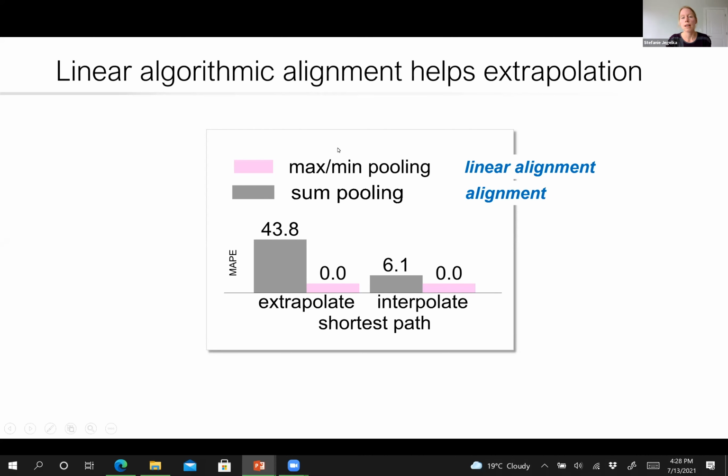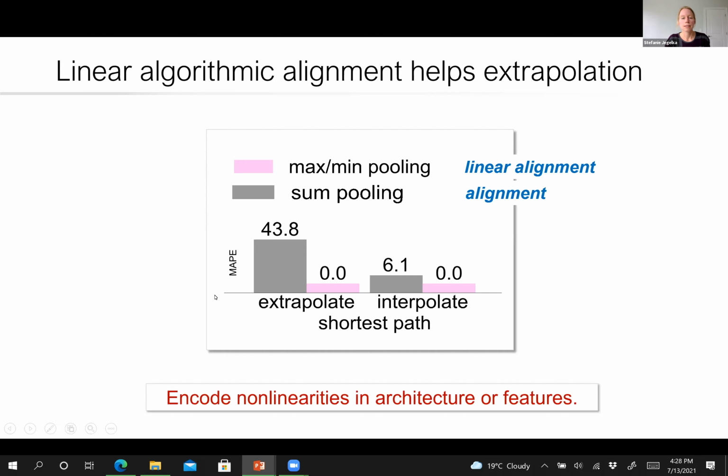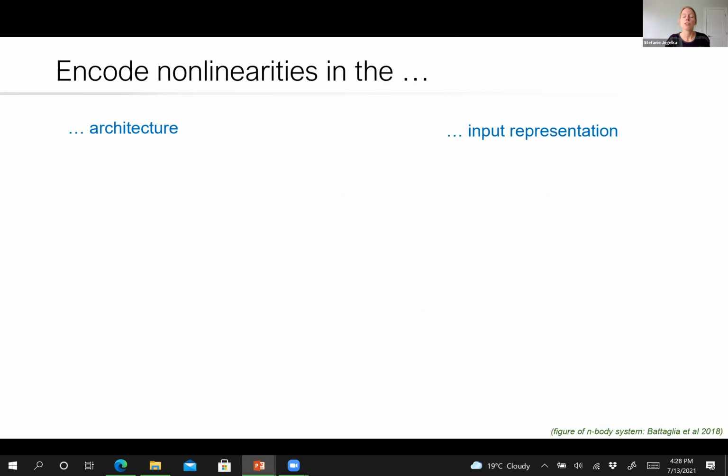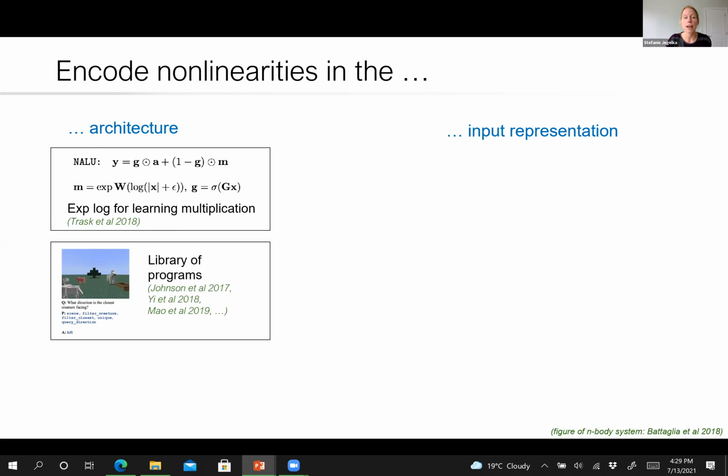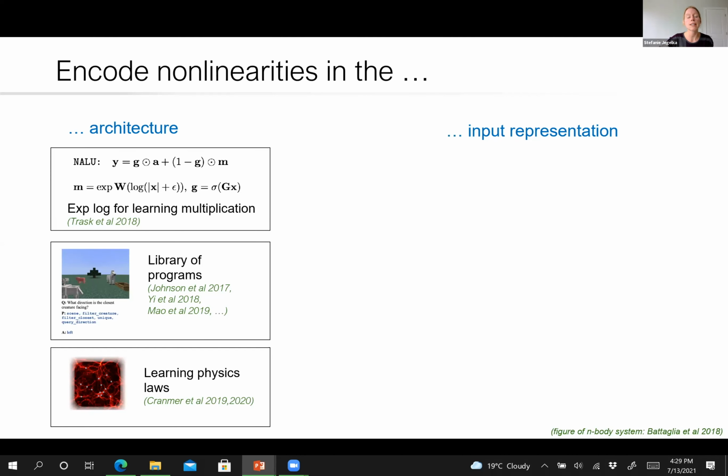Here are the sum versus min pooling, and in interpolation there's hardly any difference, but when you go out of the distribution, only the one that has to learn the linear function extrapolates well and the other one doesn't. And this is one way to understand some of the recent developments in deep learning for these kinds of tasks: the architectures are set up in a way that the learnable parts are mostly linear functions.